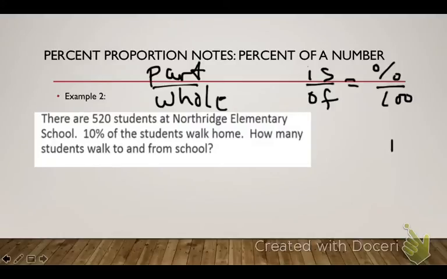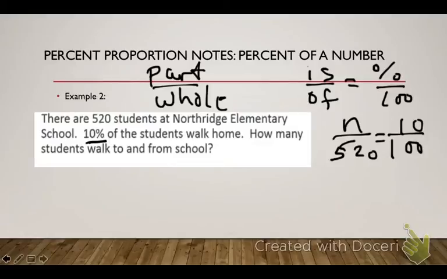Let's see, I have 100. My percent is 10. Tells me that right there. Now, what's the whole? So is 520 students at Northridge Elementary School part or the whole? Like, is it part of the group or the whole group? Well, it's the whole group. So we're going to take 520, and we want to know what 10% of 520 is, right?